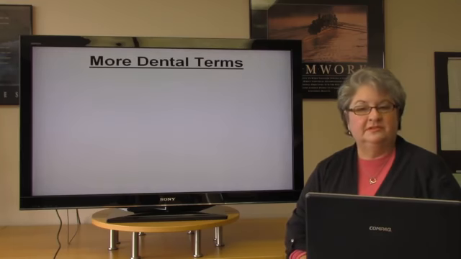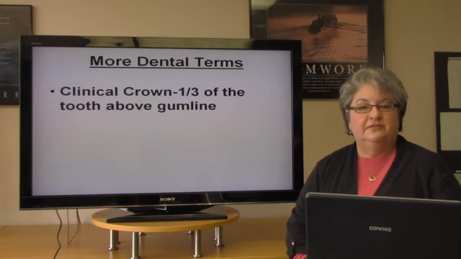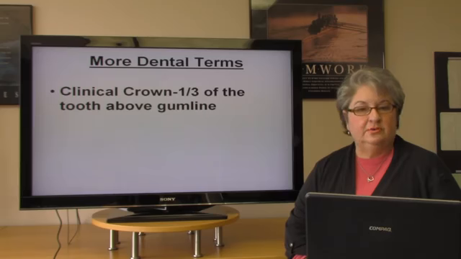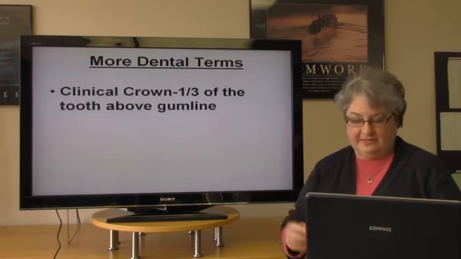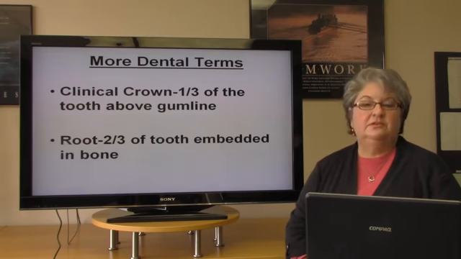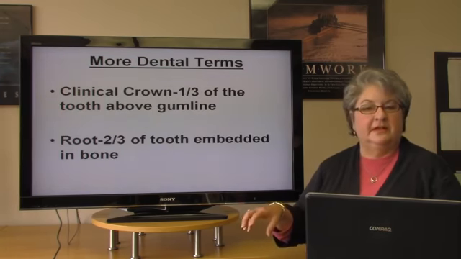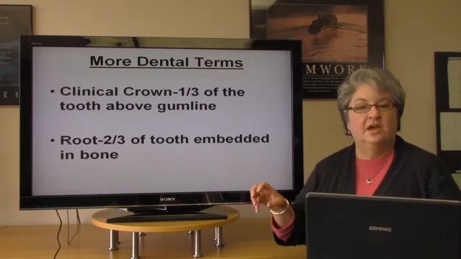We have a couple more dental terms to talk about. The first, the clinical crown is the top third of the tooth that is above the gum line. The 2/3 of the tooth below the gum line or embedded in the bone are known as the root.